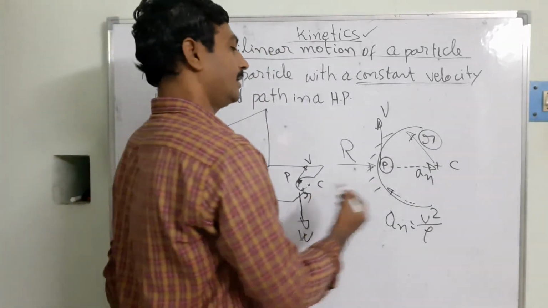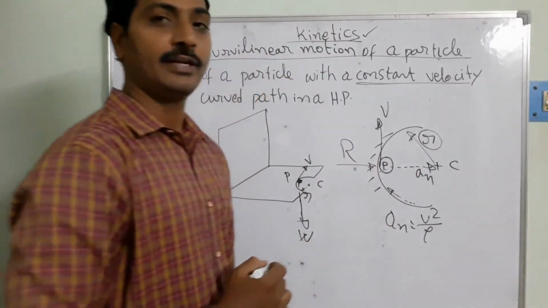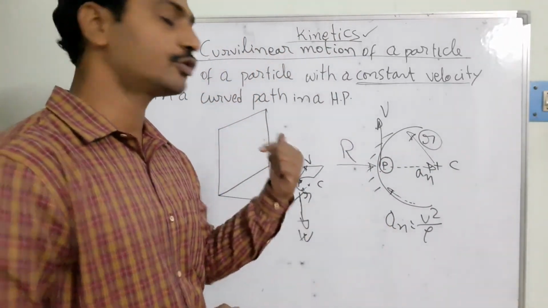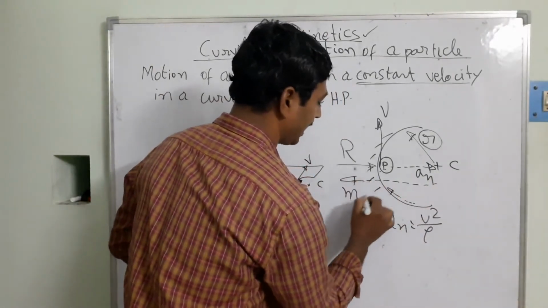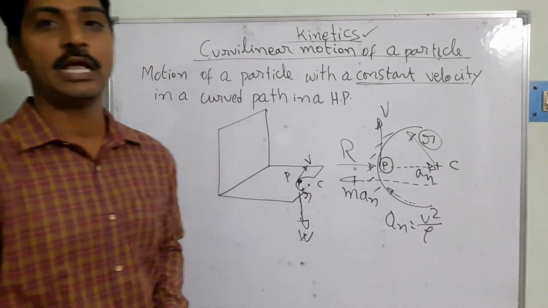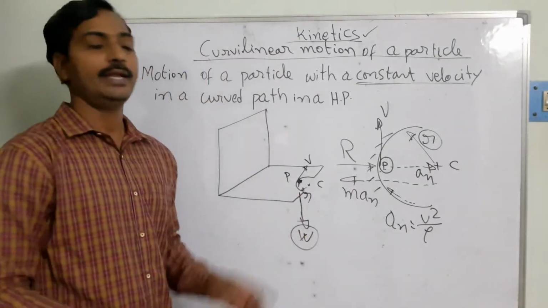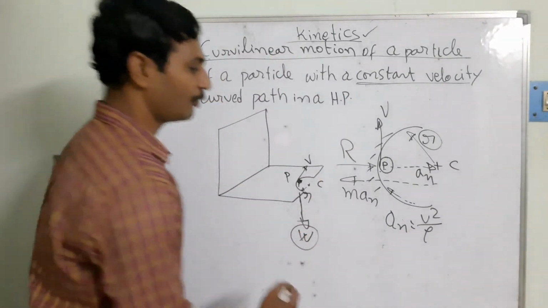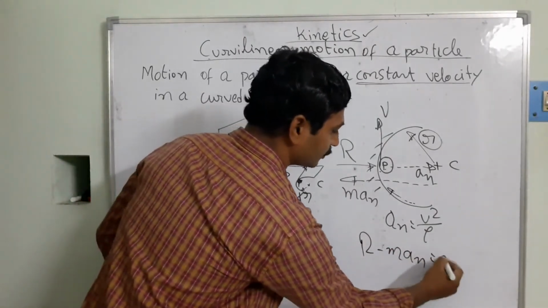Now, the normal acceleration is acting towards this side. In this case what will happen? The inertia force is always acting opposite to this, and that I am going to take as m into an. If I am writing this equation, I am going to omit the weight in our equation, right? That I am going to write as R minus m an is equal to 0.